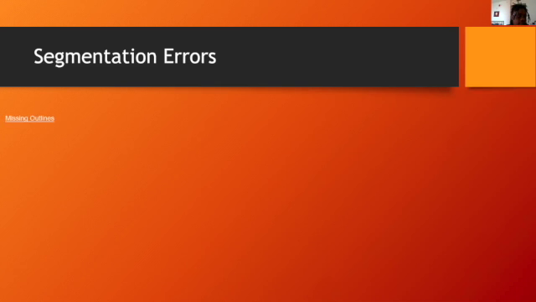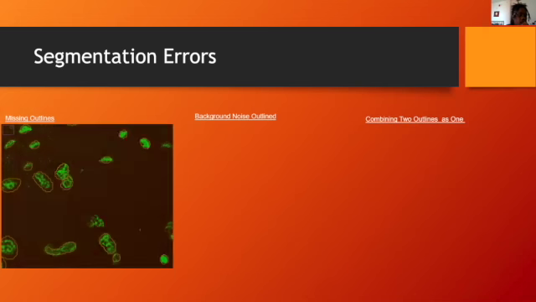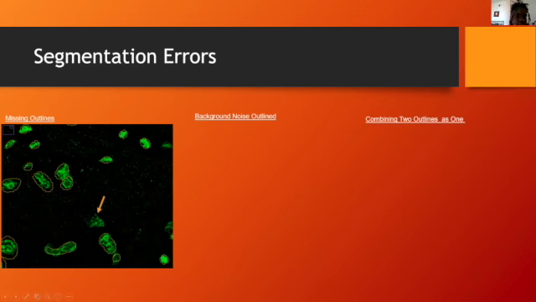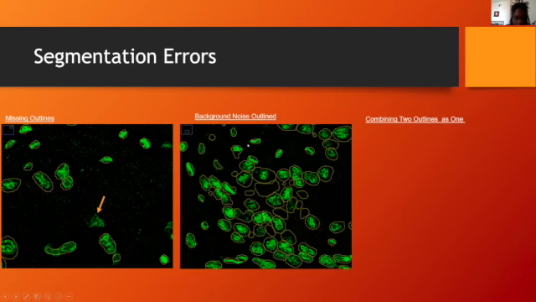So some of the errors that came up were missing outlines, background noise being outlined, and also some of the outlines for the cell nuclei being combined as one. So here we see the missing outlines where they just completely fail to acknowledge the cell nuclei being present. We have background noise acknowledged, which is basically anything that's not important to the process.